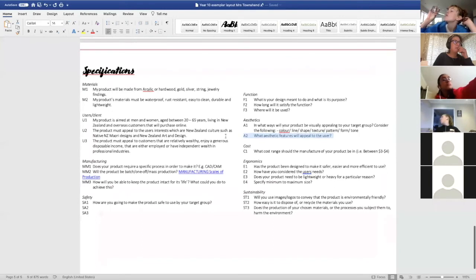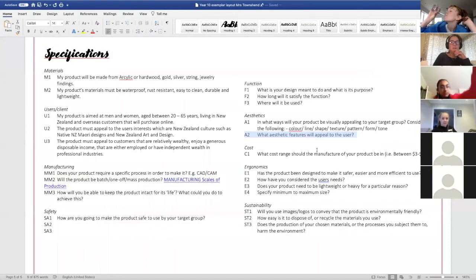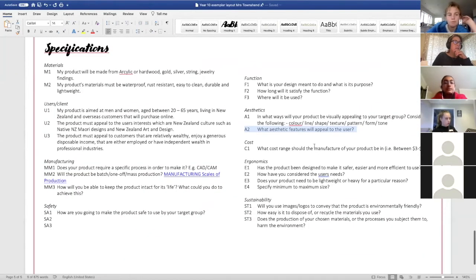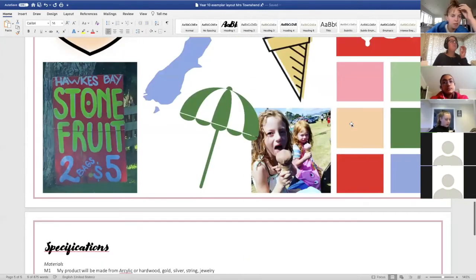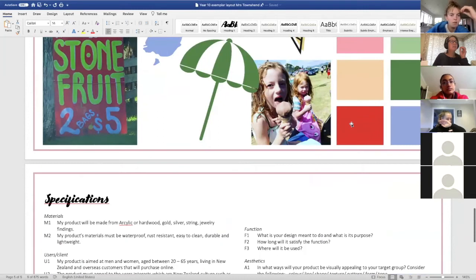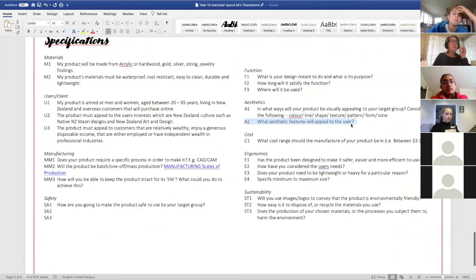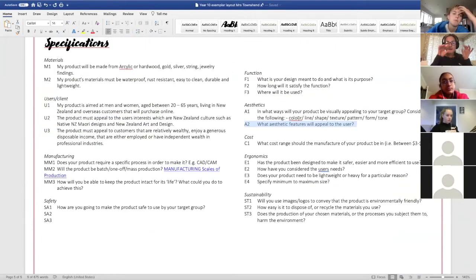Okay, so what aesthetic features will appeal to the user? If you know already what your mood board is, you could put that in the aesthetic. So I could say my product must reflect the classic Kiwi road trip aesthetic, using bright colors that are fun and representative of summer road tripping around the countryside.